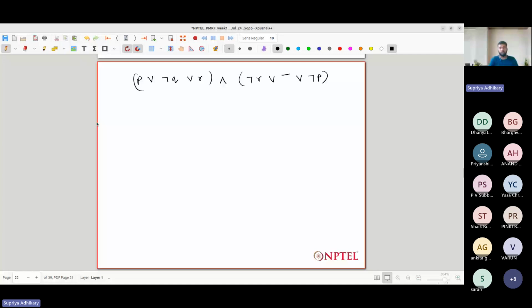Only thing is that, also put the brackets over here, given any disjunction, we replace it with a conjunction. Any conjunction we replace with a disjunction. And also, if there is a constant T assignment, then we replace it with F, and vice versa. If there is constant F, then we write T.